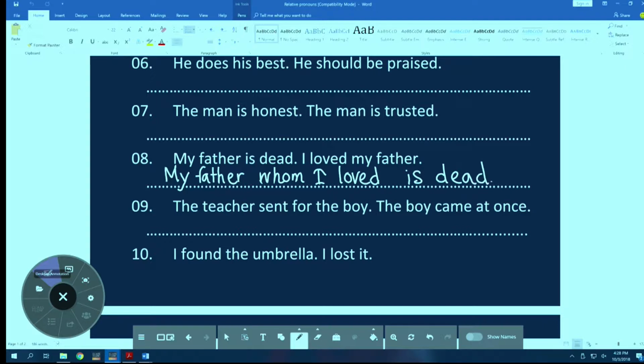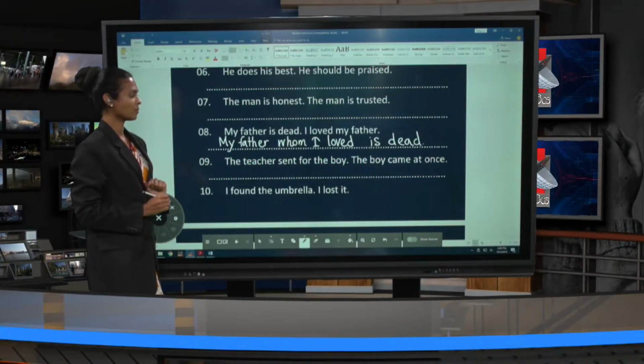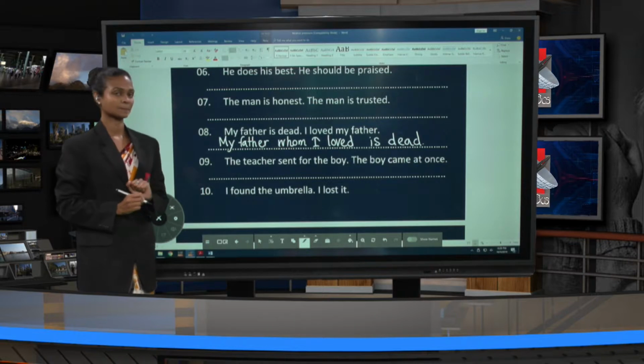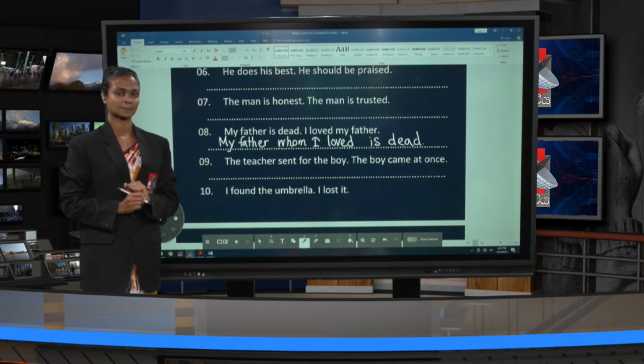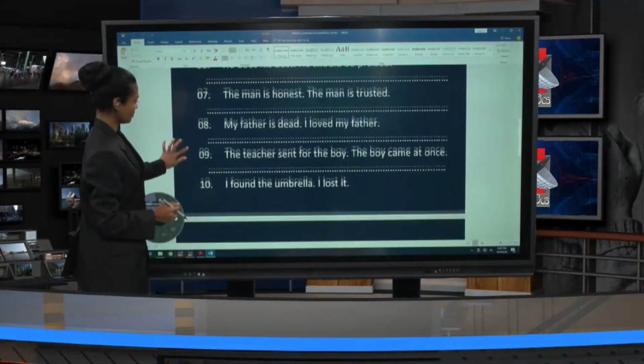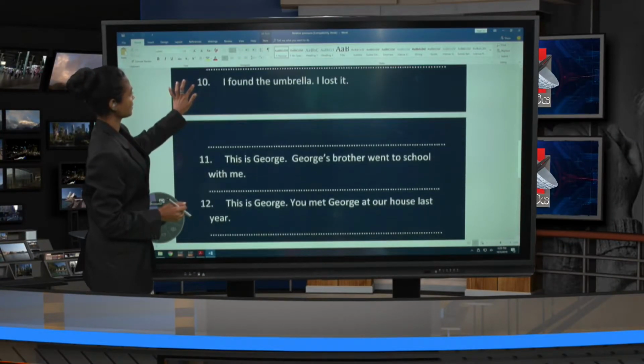Ninth one. The teacher sent for the boy came at once. It is a little bit harder. We will move to the 10th one.